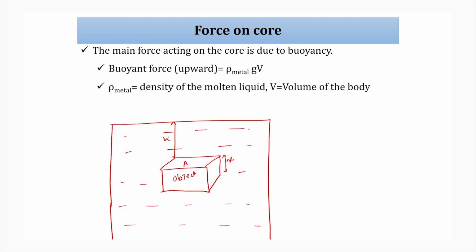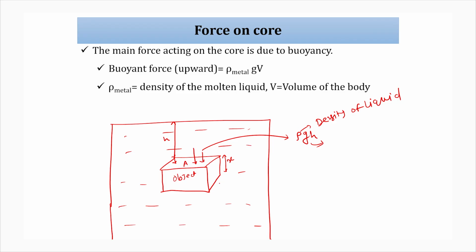h. So, hydrostatic pressure will work, and that pressure value will be rho g h. Rho is the density of the liquid, g is the gravity acceleration, 9.8 meter per second square, and h is the depth of the water.